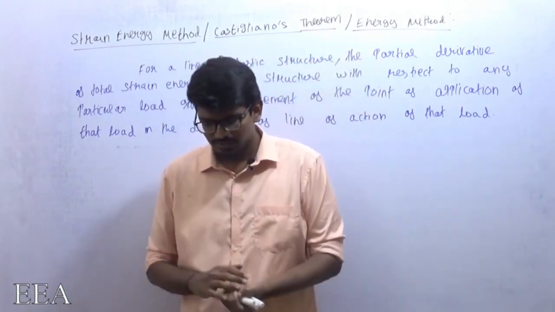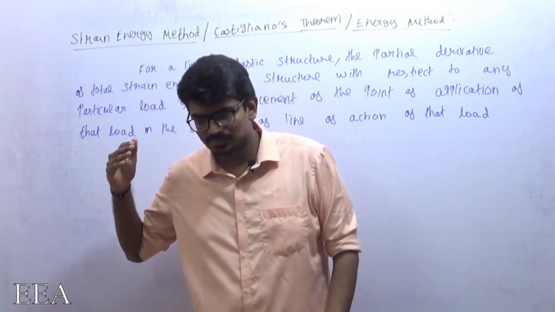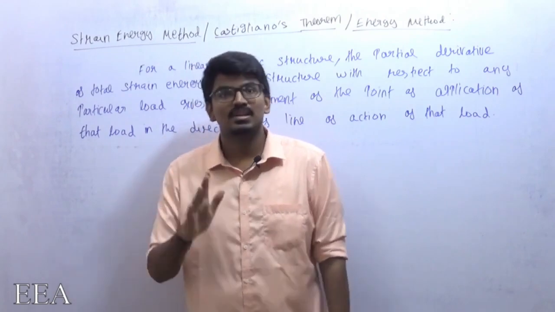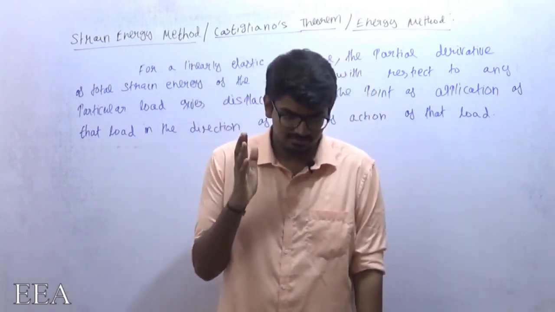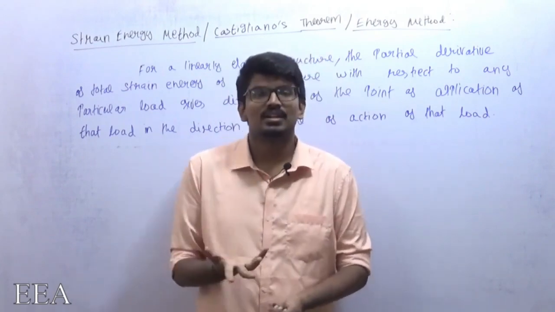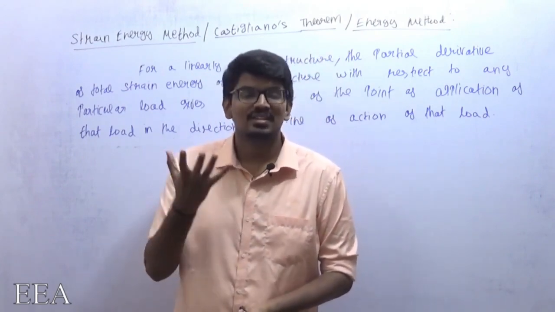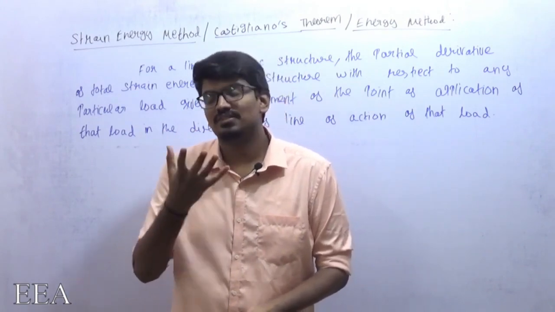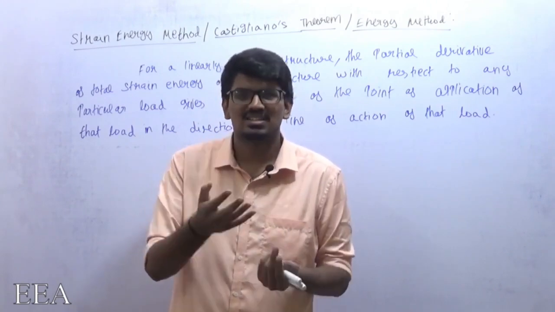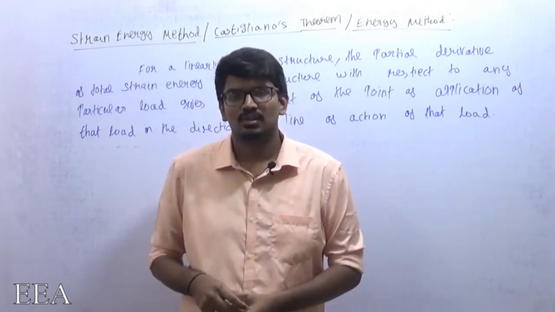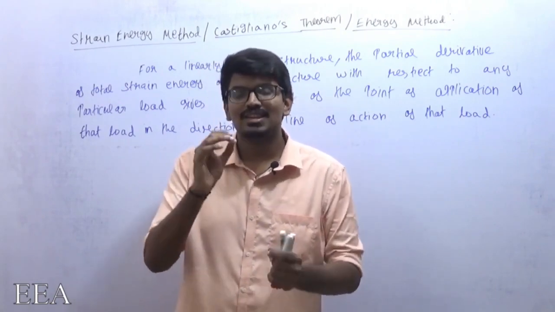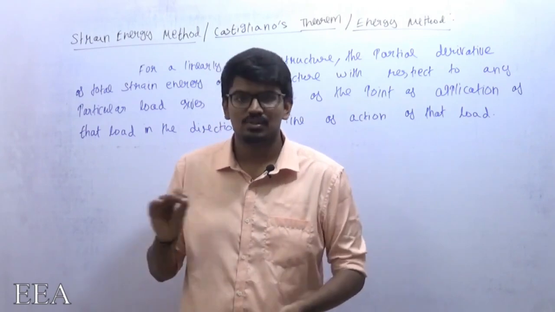In the last method which we discussed, the first method was the double integration method, and we discussed all the general cases. But in the double integration method, we never find the deflection when a structure is subjected to axial loading. Take any structure, if it is subjected to axial loading, we cannot determine the deflection by using double integration.